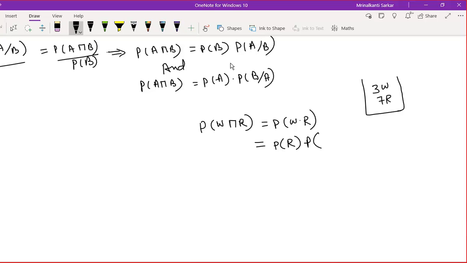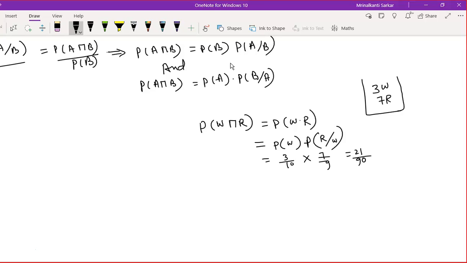So you write P(W), the first one you are taking white, then you are taking red when white is withdrawn. P(W) is what? All of you can see that it is 3 by 10, multiplied by 7 by 9. So this is 21 by 90. You understand the meaning of this?